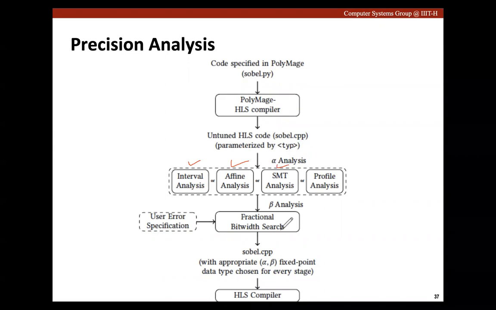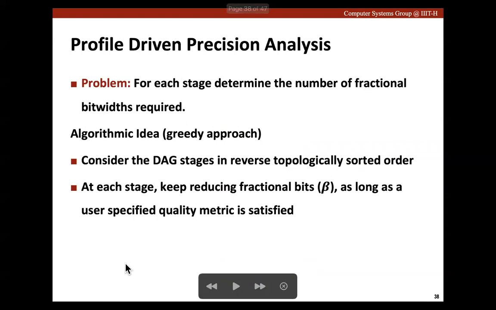After you find it, you want to search for how many fractional bits are required, whether 1 is enough, 4 is enough, 3 is enough. We need to find it out. So here we just do a greedy search by running the pipelines on a few example images and see how things pan out, whether they are good enough or bad.